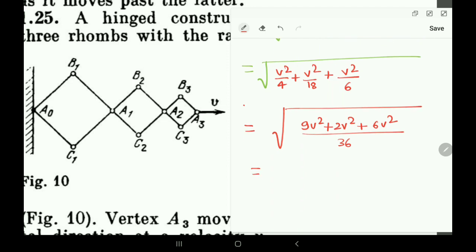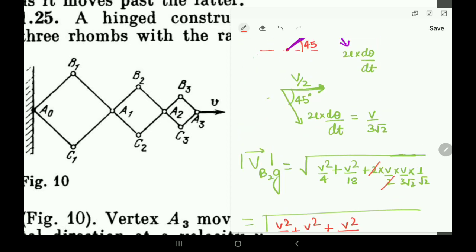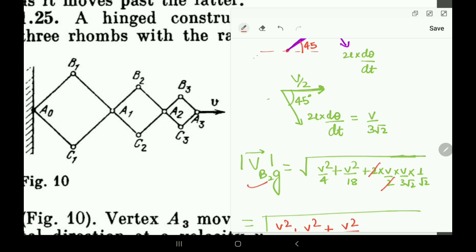So the total value comes out to be how much? 17V square by 36, whole root. So this is basically root 17 V by 6. This is the velocity of joint B2 with respect to ground. I am emphasizing this: with respect to ground.